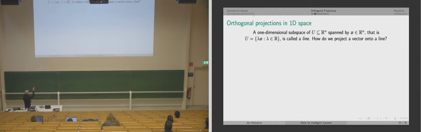So we are simply scaling a single vector, which we would call a basis vector for our vector space. This kind of space is called a line. And then the question is, how do we project on a line? This is what we had earlier.